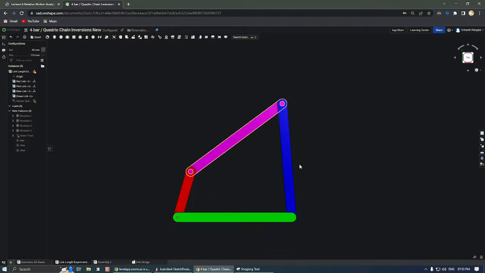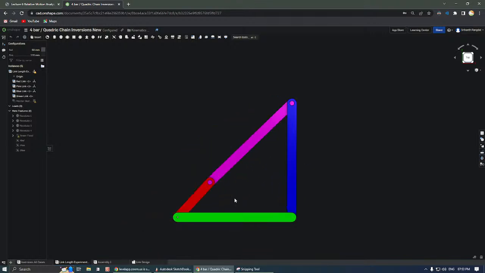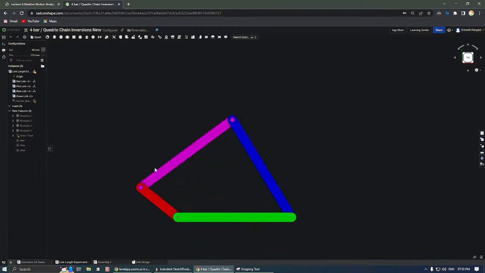Blue link is also pure rotation, but it is not a complete 360 degrees. What about the pink one? Also rotating, you see, the angle is changing.